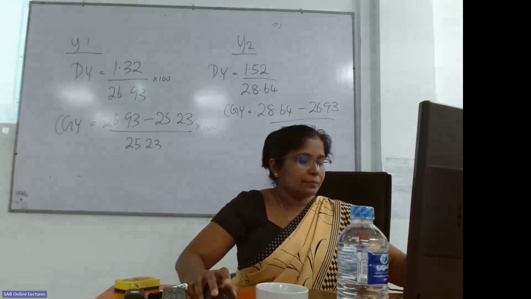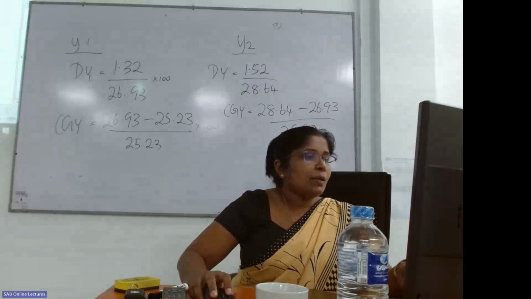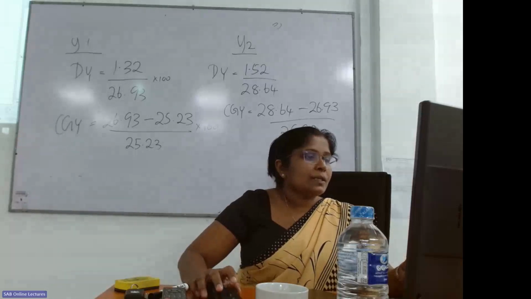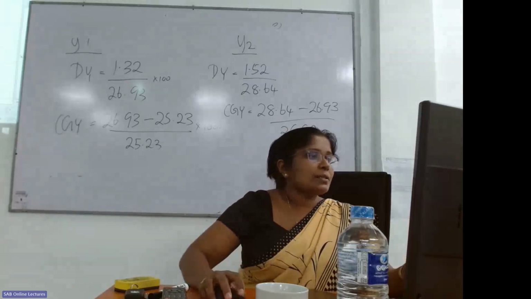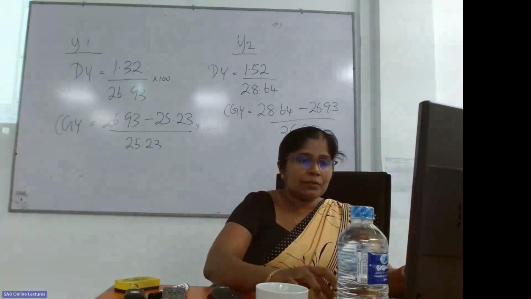Capital gain yield is equal to 26 minus 25 divided by 25 into 100.